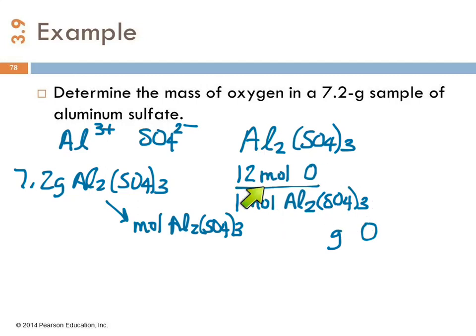This relationship allows us to know moles of aluminum sulfate in relation to moles of oxygen. So from moles of aluminum sulfate, we could go to moles of oxygen. And from moles of oxygen, we could go to grams of oxygen. Everybody with me?